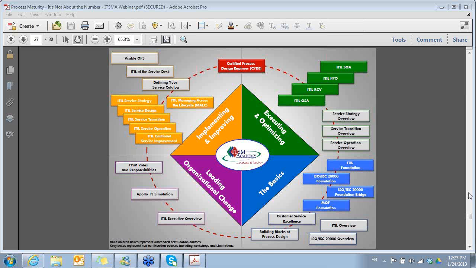The tie is broken. ISO 20K gives you those minimum critical activities, and it is a succinct list. People get intimidated sometimes by the ITIL books, and I'm not saying don't read the ITIL books, because there's so much valuable information in them, especially the ITIL 2011 editions. But if you're really looking for the litmus test of what are the minimum critical things that we need to be doing, ISO 20000 gives you that.